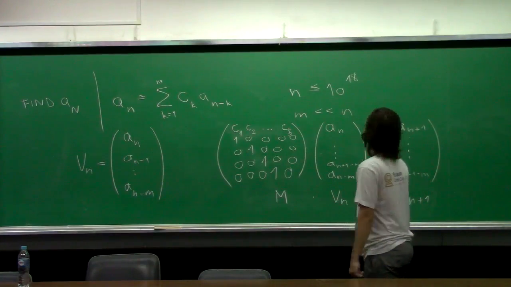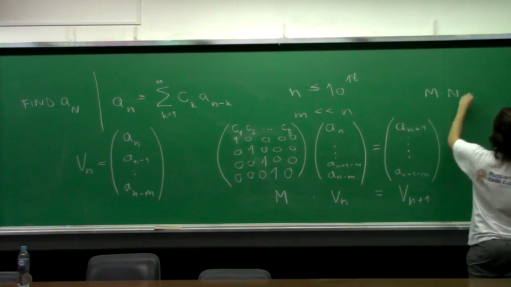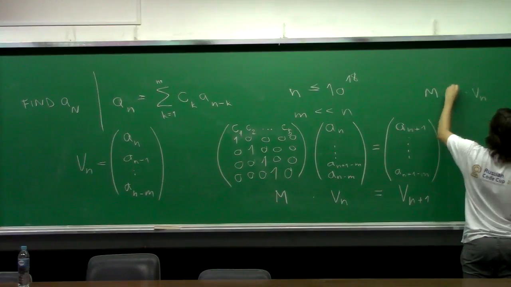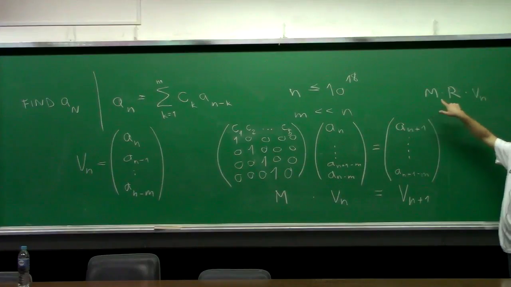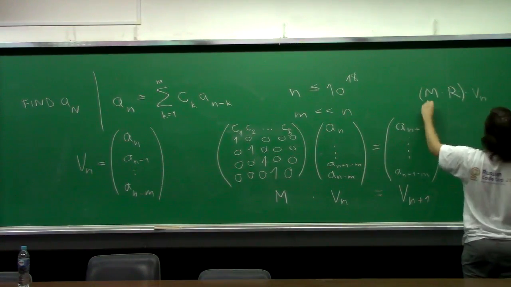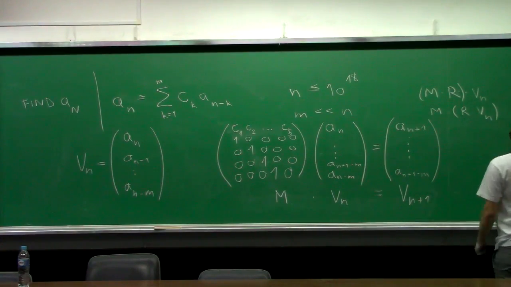If, for example, we had M times R times Vn, then it doesn't matter if we first multiply matrix M and matrix R and then multiply the resulting matrix with vector Vn, or if we just compute R times Vn and then multiply it by M from the left. It's the same if we compute this or this.